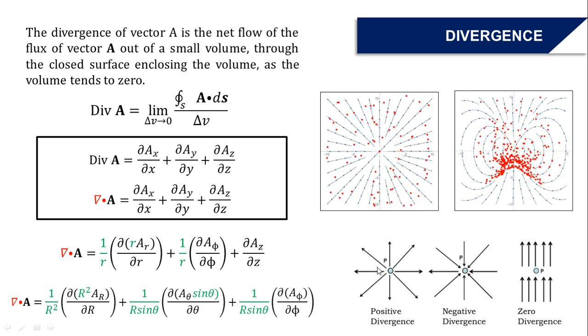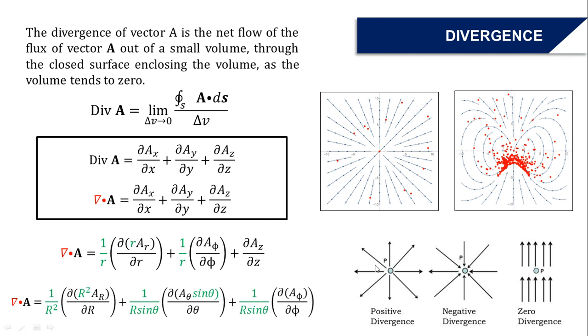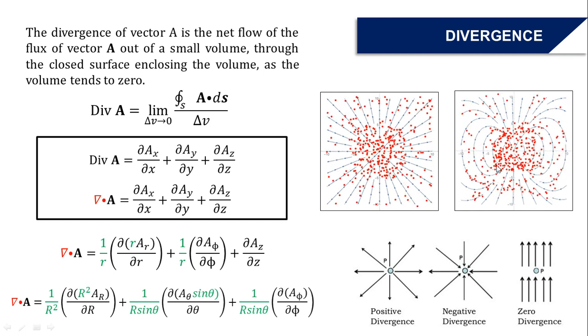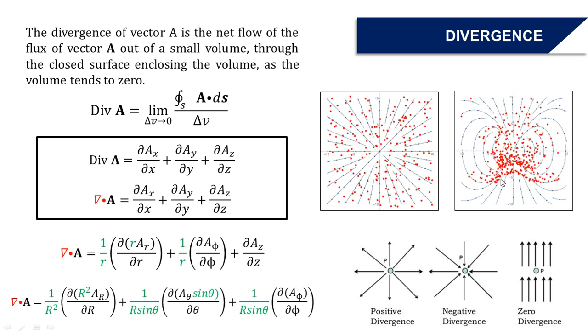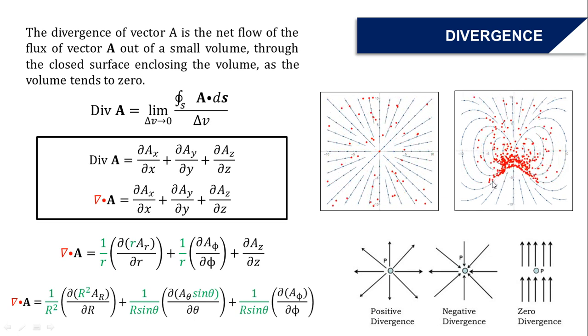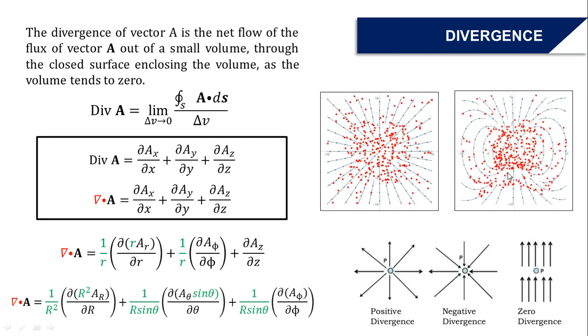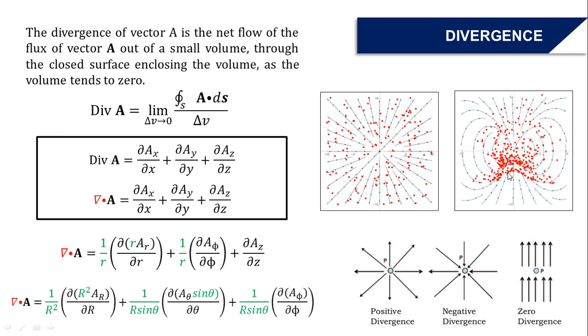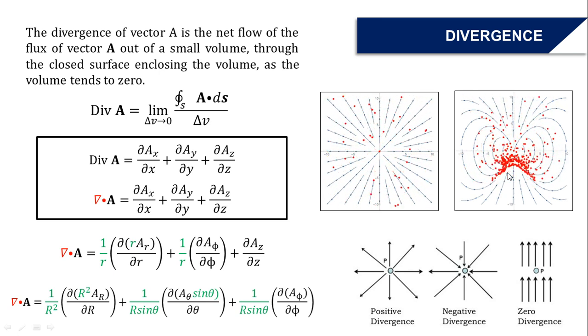Pero kung yung divergence naman na nakuha natin is negative, papasok naman siya dun sa point source. Ganito yung itsura niya kung mapapansin nyo dyan sa illustration natin, para mas ma-visualize nyo siya geometrically. Then we also have what we call zero divergence. Kung zero naman yung makukuha nating divergence, parang wala siyang effect.